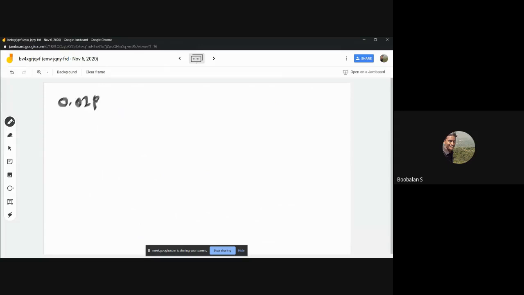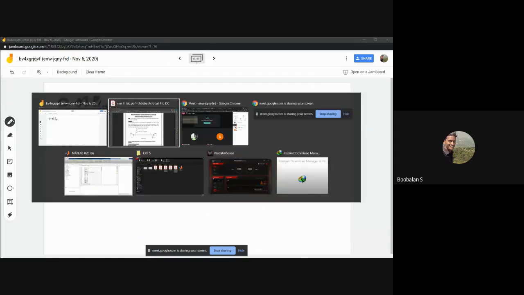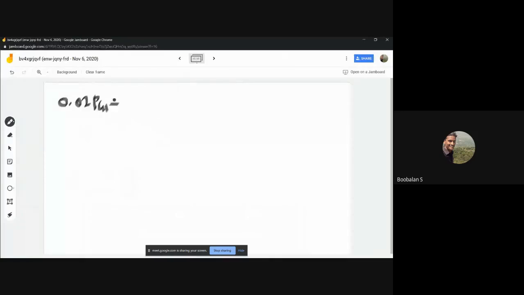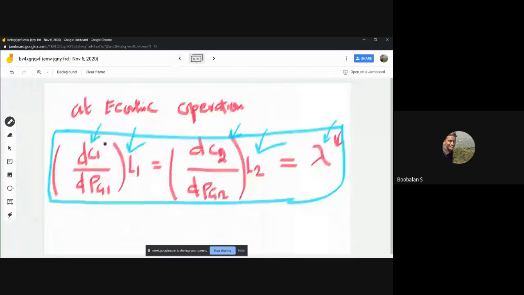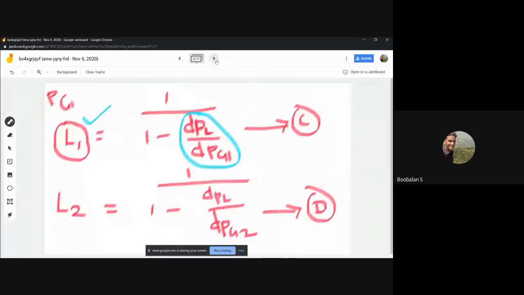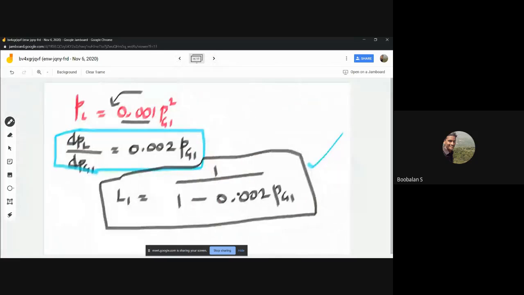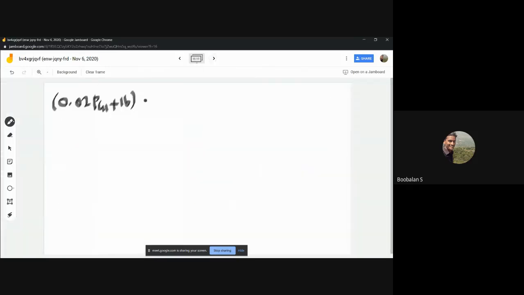0.02 PG1 plus 16. This value into L1, right? This is what the economic operation condition is, into the penalty factor. To calculate the penalty factor, it is 1 divided by 1 minus 0.002 PG1.